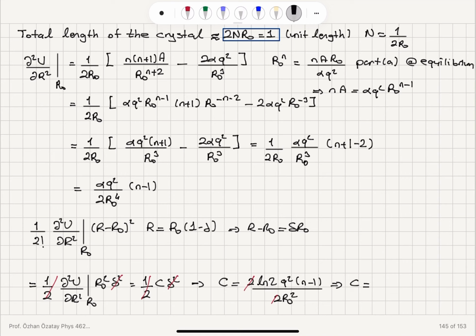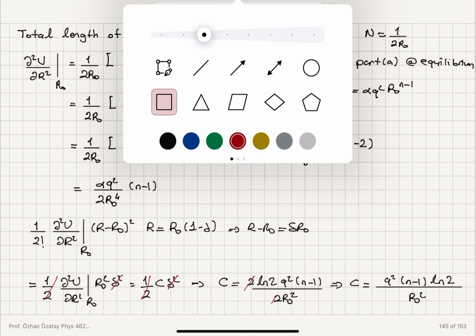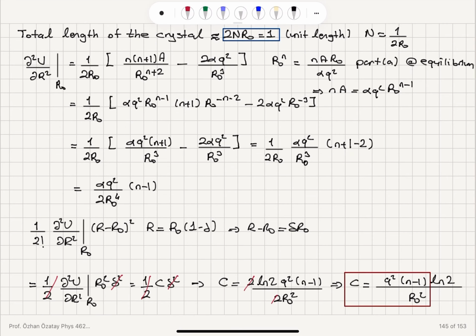C must be equal to q square n minus 1 natural logarithm 2 divided by r0 square. That's the value of c.